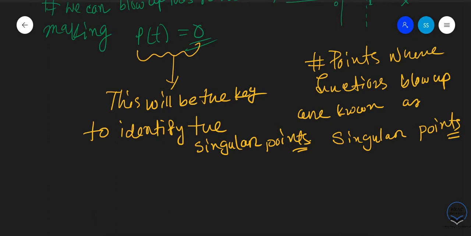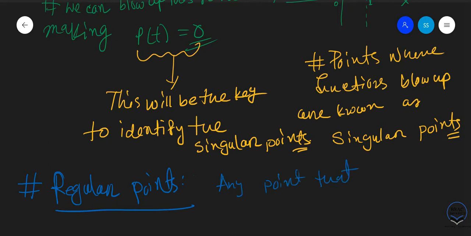So this also brings up the idea of regular points. Regular points are also important, and any point that is not singular is called a regular point of a function. At that point it has some finite value, something that we can make sense of.